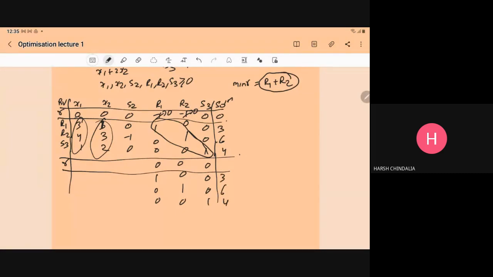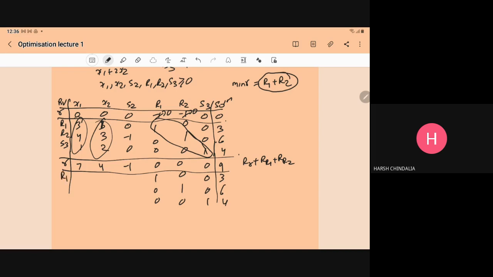So for making the 0, what we have to do? We have to do the operation row R plus row R1 plus row R2. So it will become 7, it will become 4, it will become -1, and this will become 9.